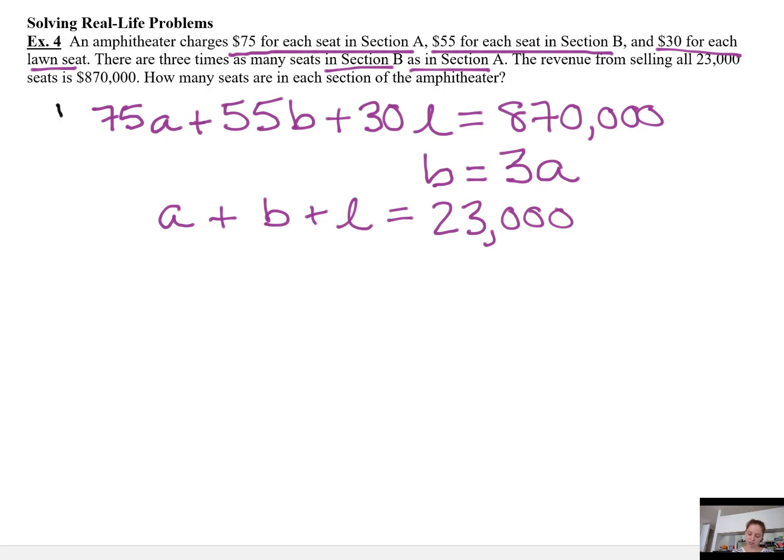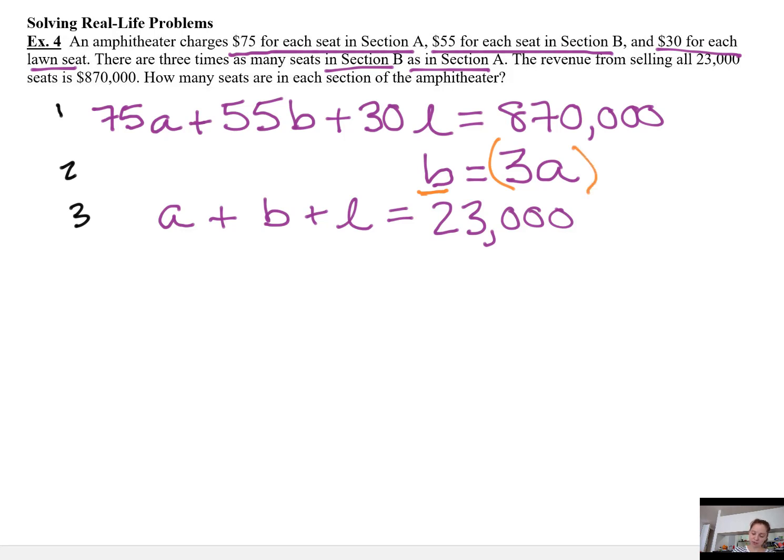So what I can do here is something we didn't do in the previous lesson. I'm going to use substitution to get down to 2 equations and 2 unknowns, because I have B here and I have its equivalent expression.